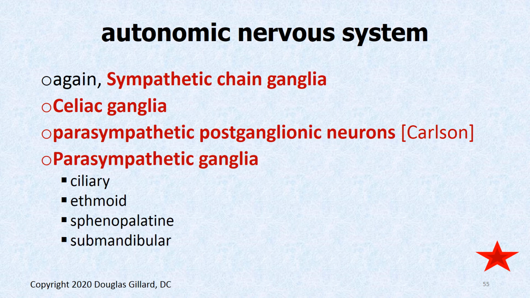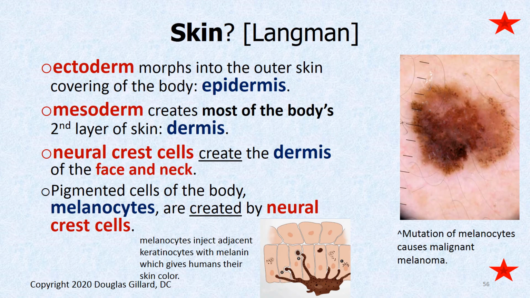The parasympathetic, not the pre, but the post-ganglionic neurons are derived from neural crest cells. Parasympathetic ganglia, you'll learn these next quarter. The submandibular ganglia, we talk about that in fifth quarter because that can be confused sometimes with a submandibular lymph node that's swollen up. Sphenopalatine, the ethmoid, and the ciliary ganglia all were made from neural crest cells.